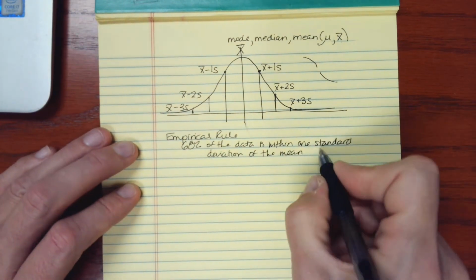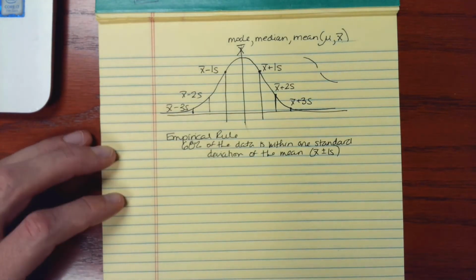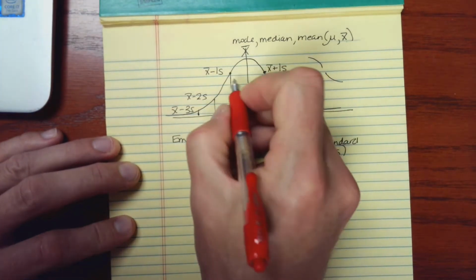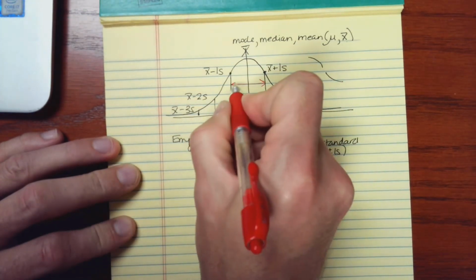And so, in other words, we could say x bar plus or minus 1 standard deviation. So on my picture here, I'm going to make a note that 68% of my data lies within these bounds.